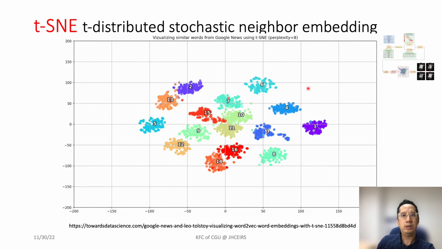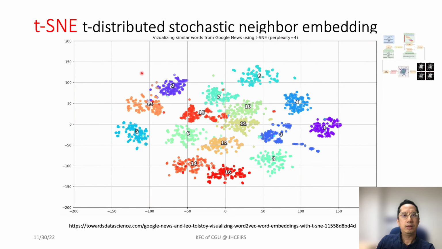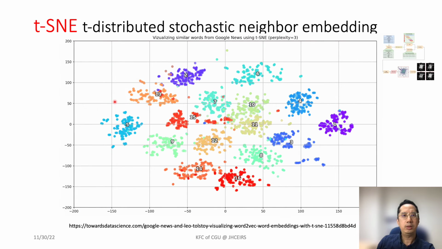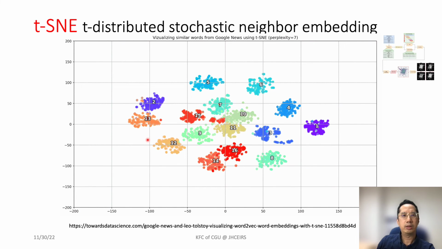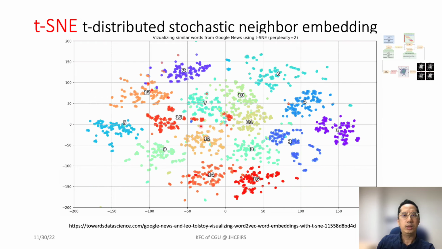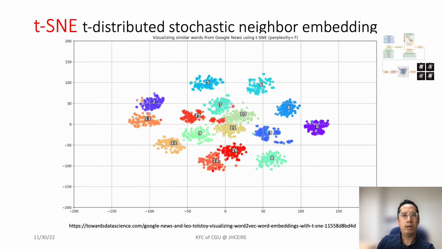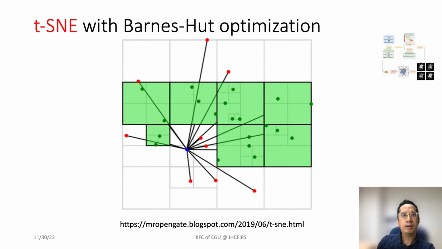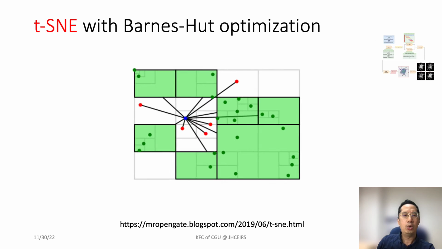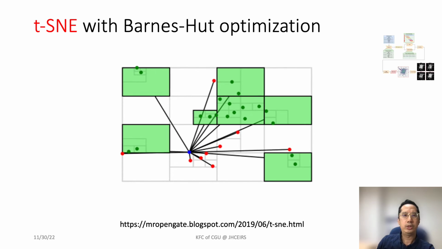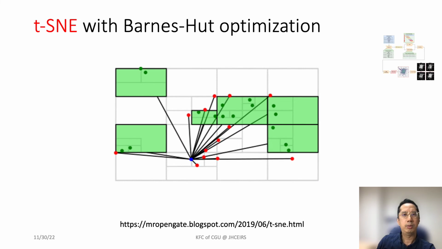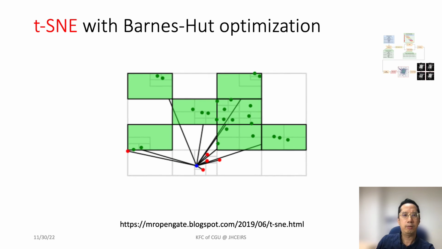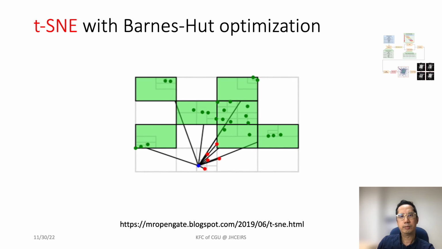As you can see in this animation, you just shrink all the distributed data back into their clusters, and then we can try to identify what these clusters are. And the t-SNE method also has different optimization methods. For example, the Barnes-Hut method is one of the methods to identify the clusters.